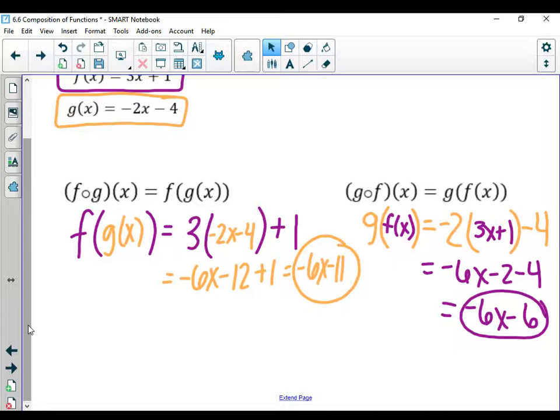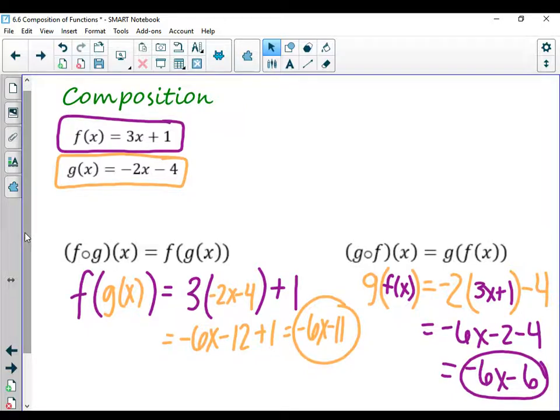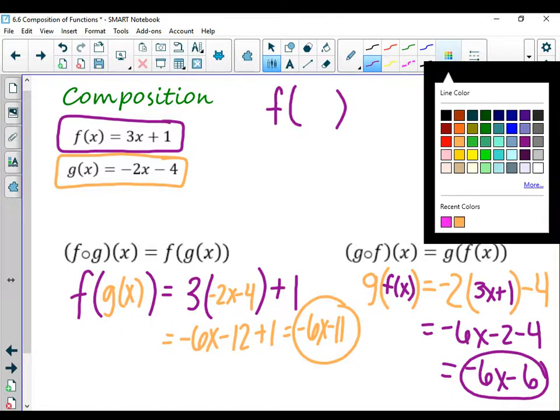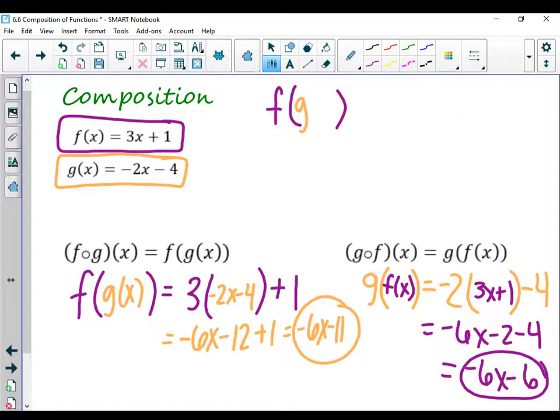Okay. What if I have the same equations that are up there, but then I ask you to find f of g of 2? You do it exactly like the first equation, except plug in 2 for x.